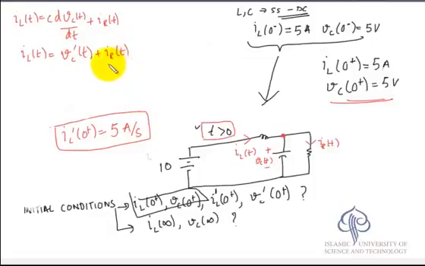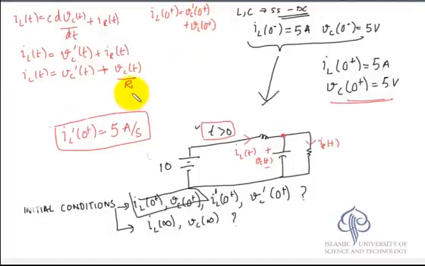Now iR(t) is this voltage divided by the resistance that is here. So iL(t) is going to be vC'(t) plus vC(t)/R. Writing this for the t equal to 0 plus instant, we can write iL(0+) is equal to vC'(0+) plus vC(0+)/R, and R is 1 ohm.